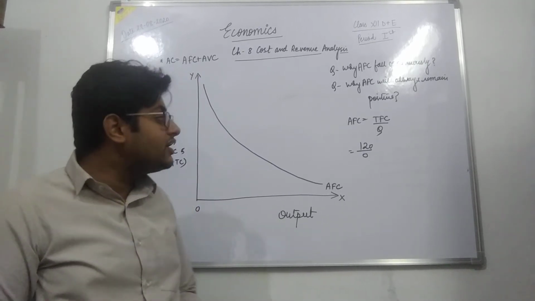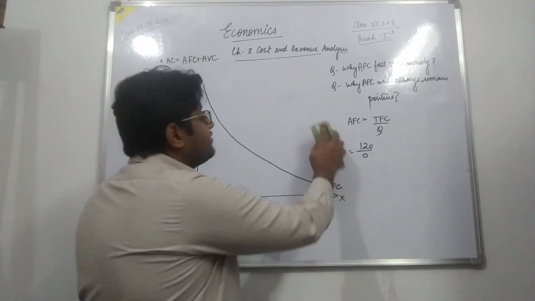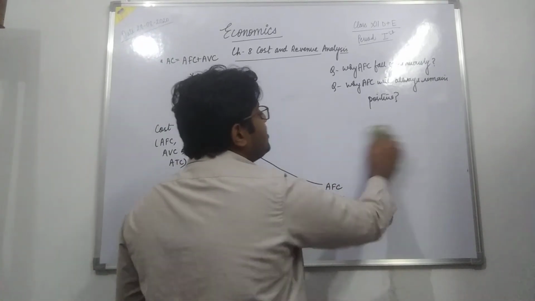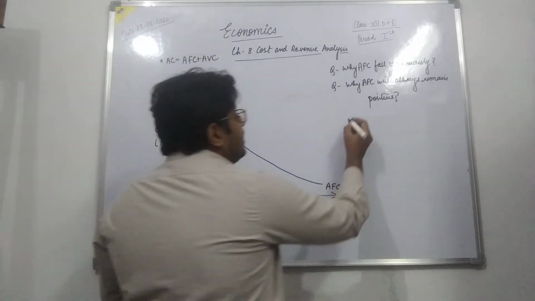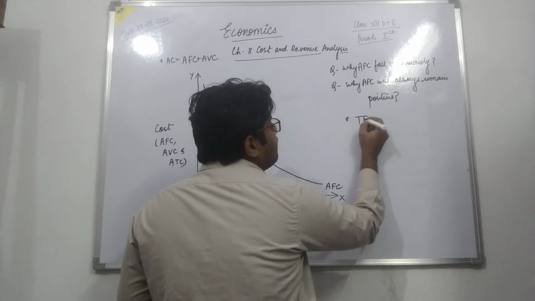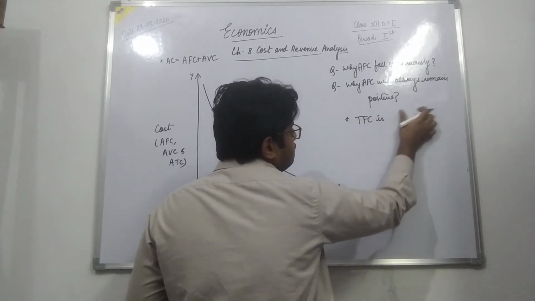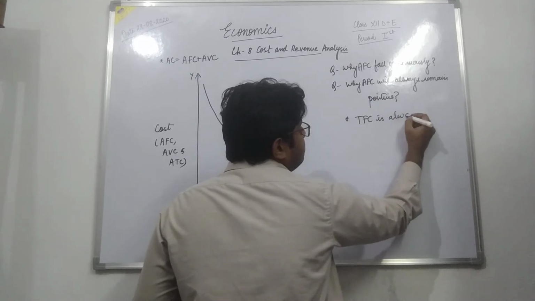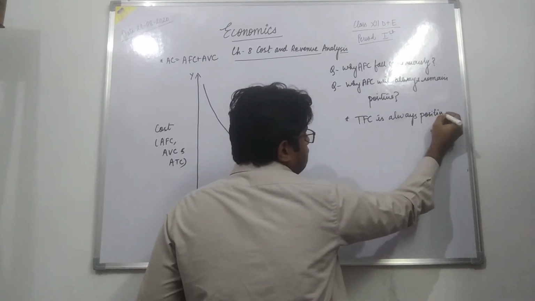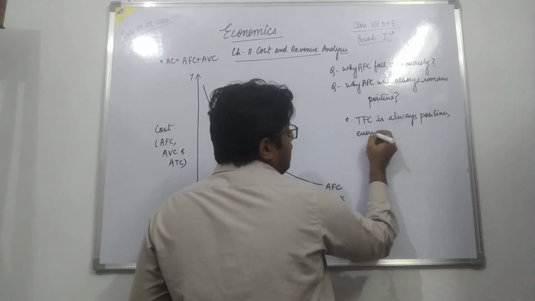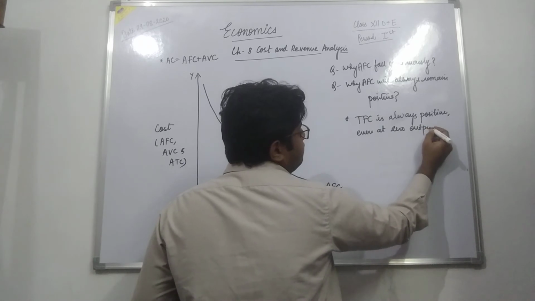So the reason why the AFC curve never touches either of the axes is that TFC, that is total fixed cost, is always positive, even at 0 output level.